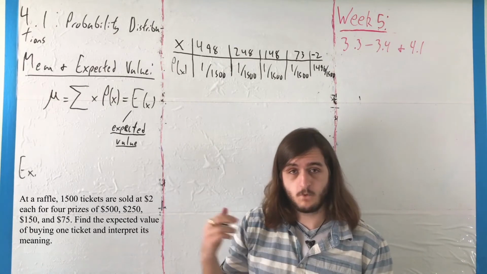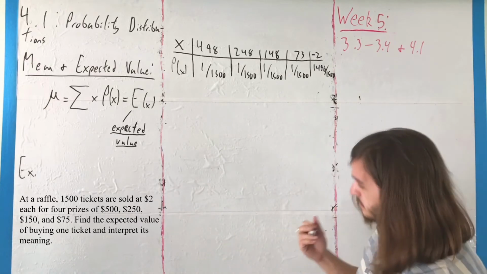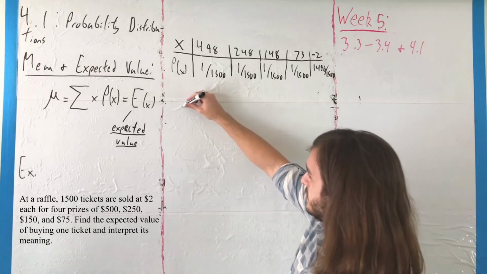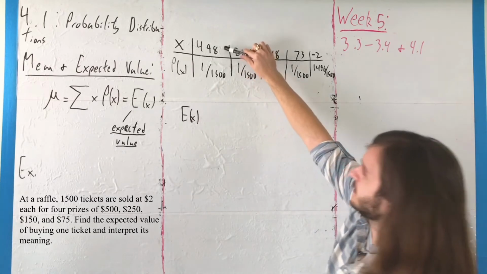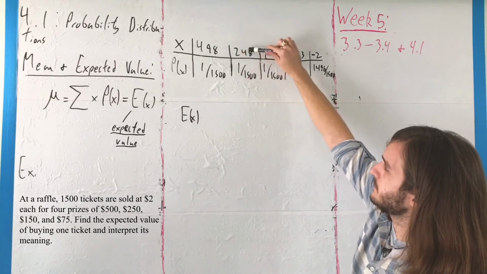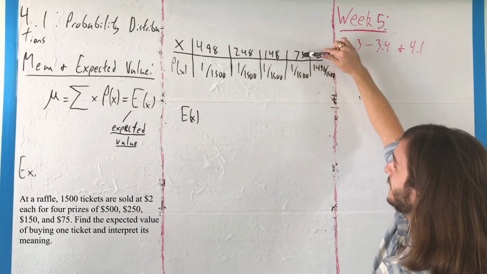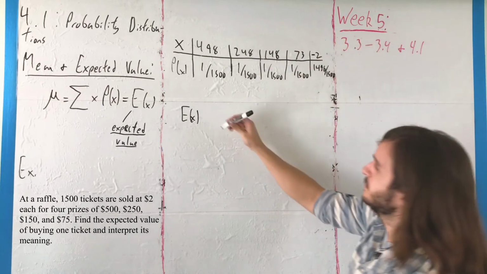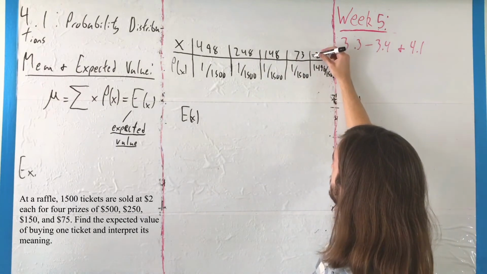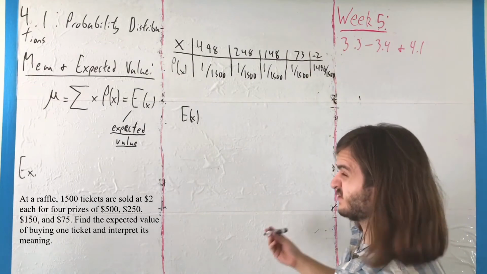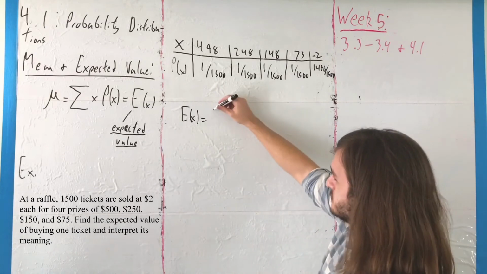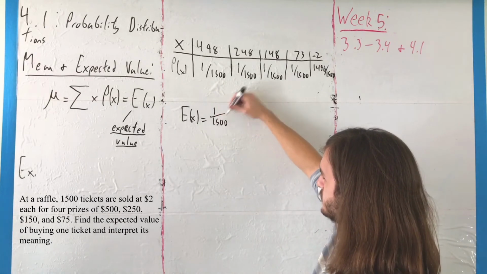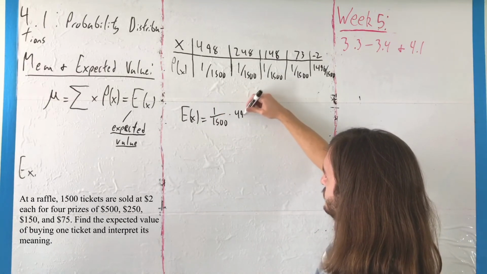So here, once we have this set up, we can then turn it in to get our expected value in terms of sums of probabilities and outcomes. And I should be clear that that's not 2, that's -2, because you're losing money. So we'll have 1 over 1,500 times $498.